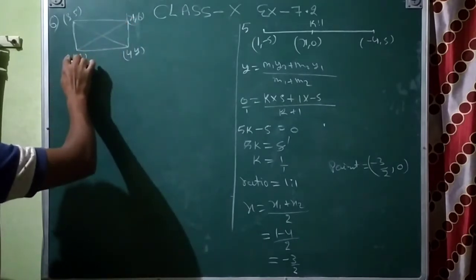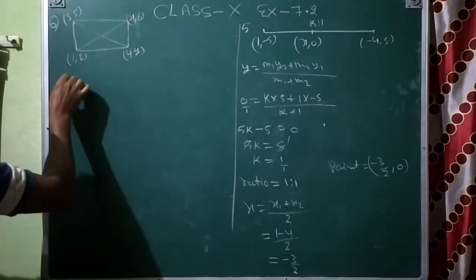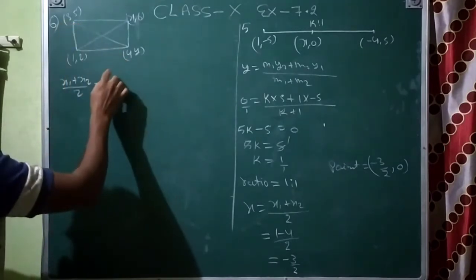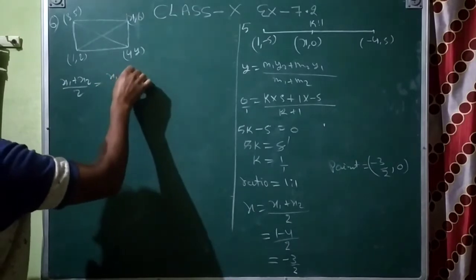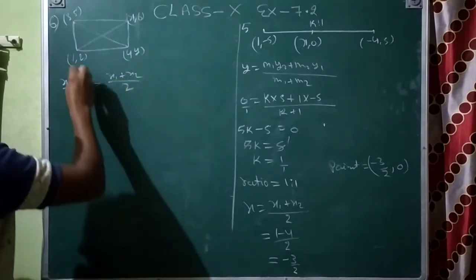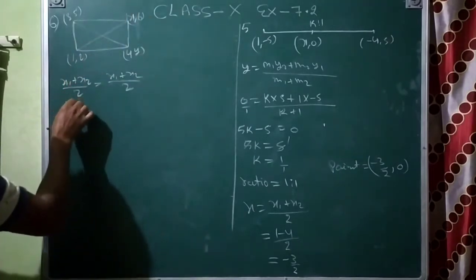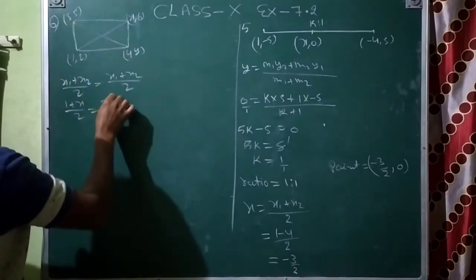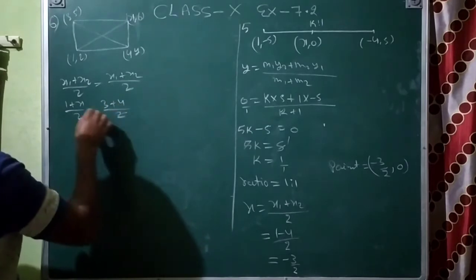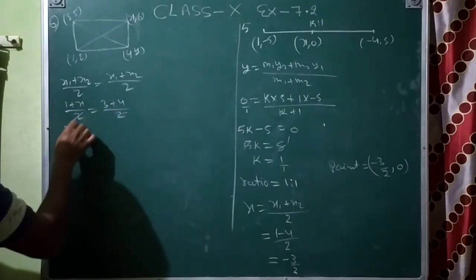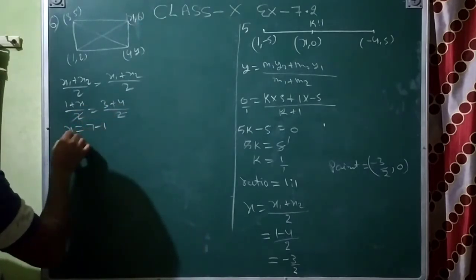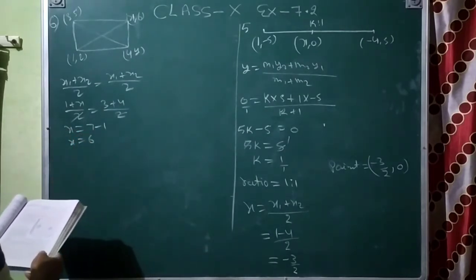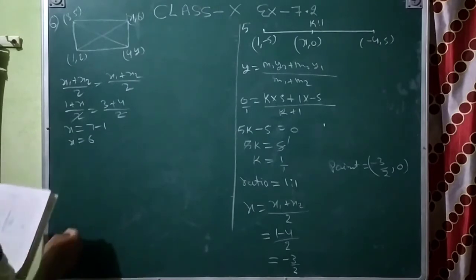By this line, (x1 + x2) upon 2, and by the other line also (x1 + x2) upon 2. So this will be (1 + x) upon 2, and by the other line (3 + 4) upon 2. Cancelling, x is equal to 7 - 1, so x is equal to 6.